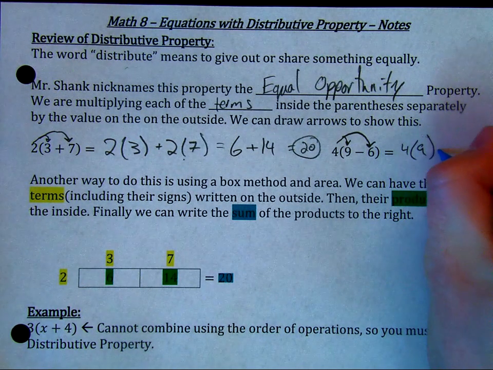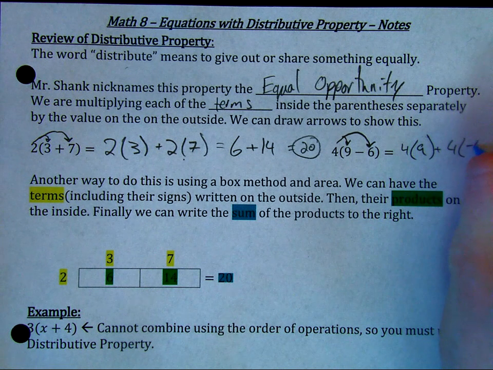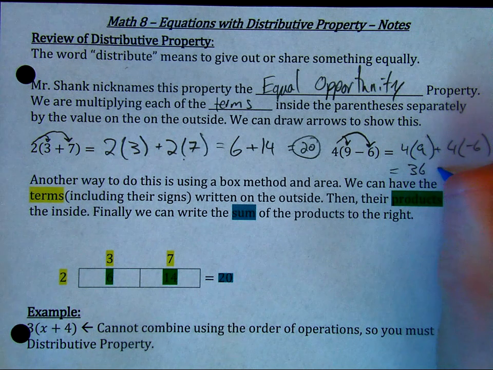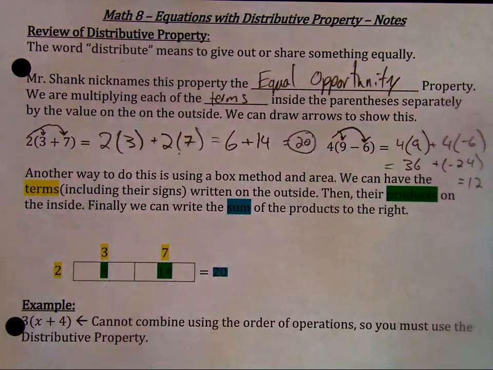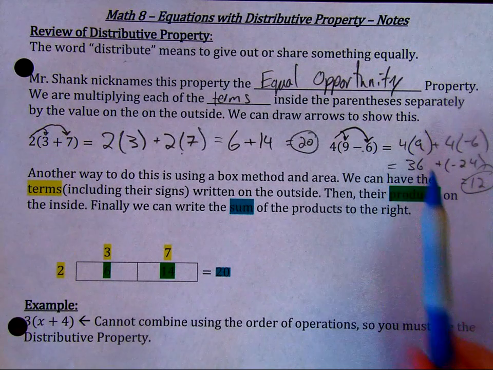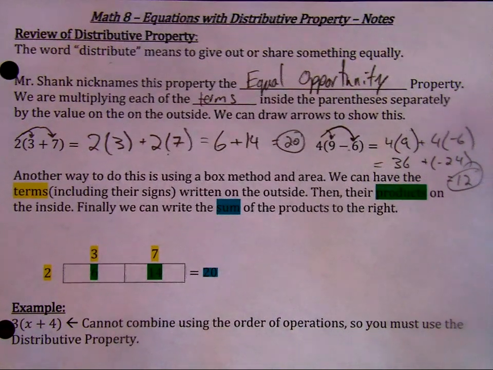So I do 4 times 9 plus, and then I have 4 times a negative 6. This is going to be, again, 36 plus a negative 24, which is equal to 12. Again, I do know that there is a minus sign in the middle. Please make sure that you are multiplying the negative 6.